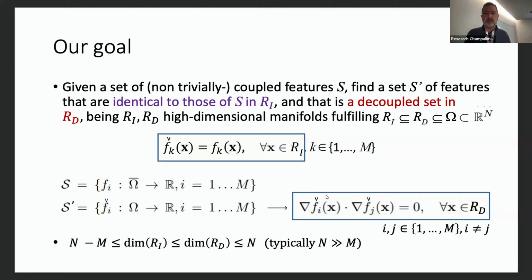And there is another high dimensional manifold where they exactly accomplish the orthogonality. Of course, the ideal case is that this high dimensional manifold is the whole space. In some cases we achieve it, in some cases not.